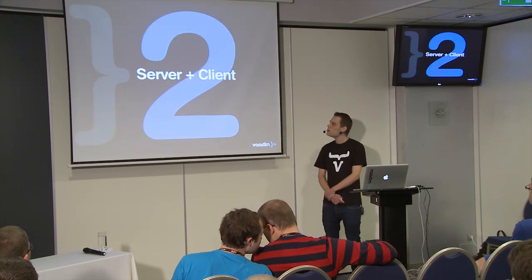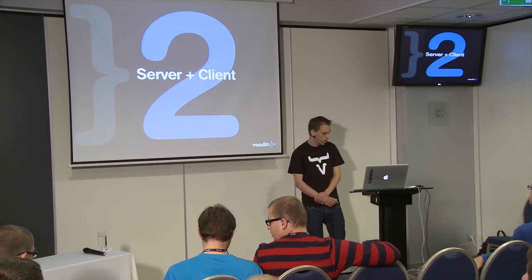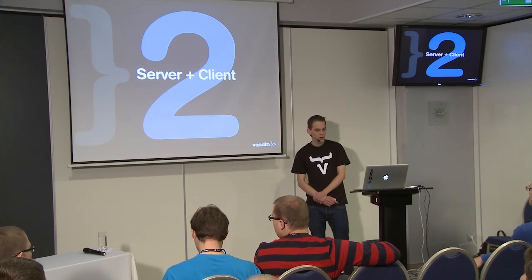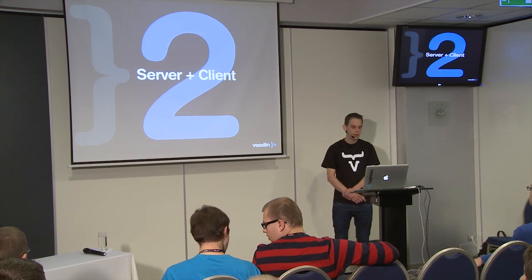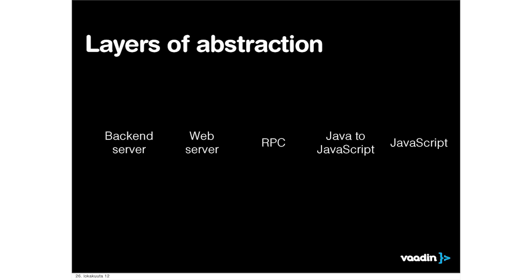Also, you can use Vaadin to build applications where you combine the server-side programming model and the client-side programming model. When we think of the layers of a web application, you need to implement at least 4 layers.